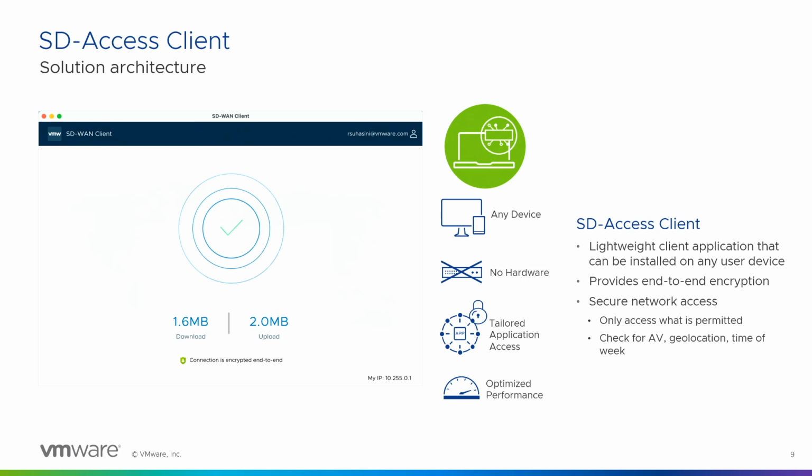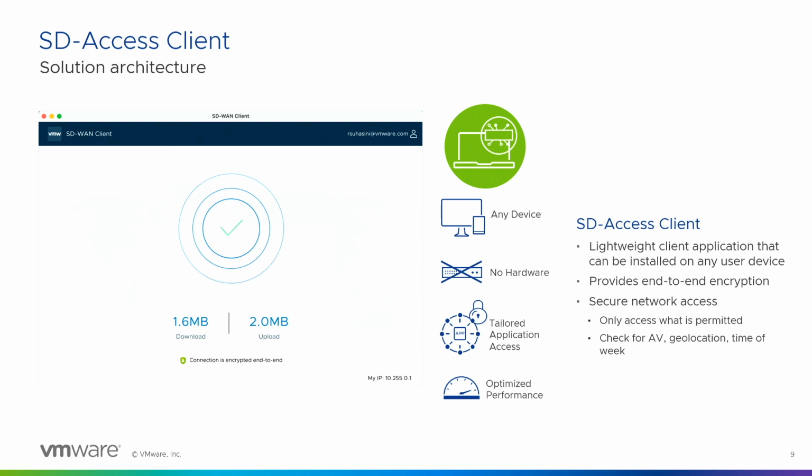And then once the client logs in, they will be able to access only those applications that they are supposed to be accessing, right? So we provide tailored application access based on zero trust network access. And the users will not be able to access anything outside of that private network.